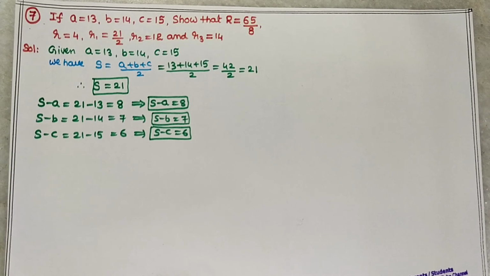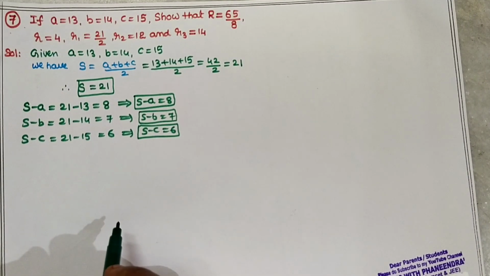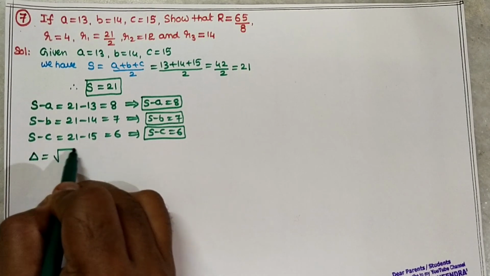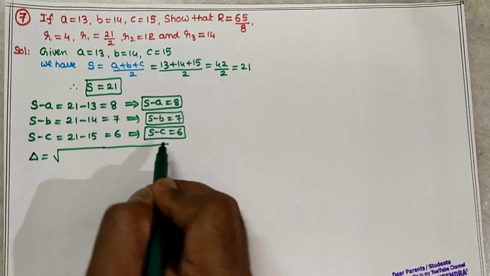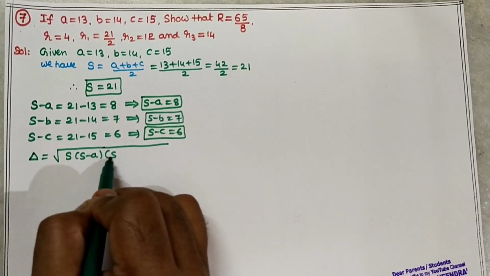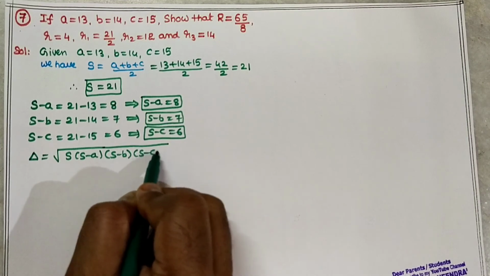After getting these values, s value, s minus a, s minus b and s minus c, immediately you can calculate the value of delta. So we have delta equal to square root of s into s minus a into s minus b into s minus c.